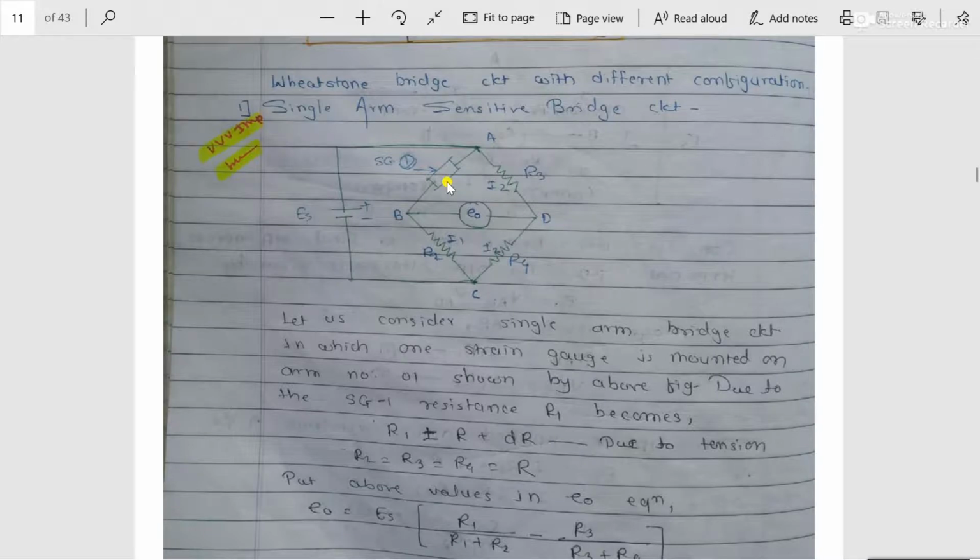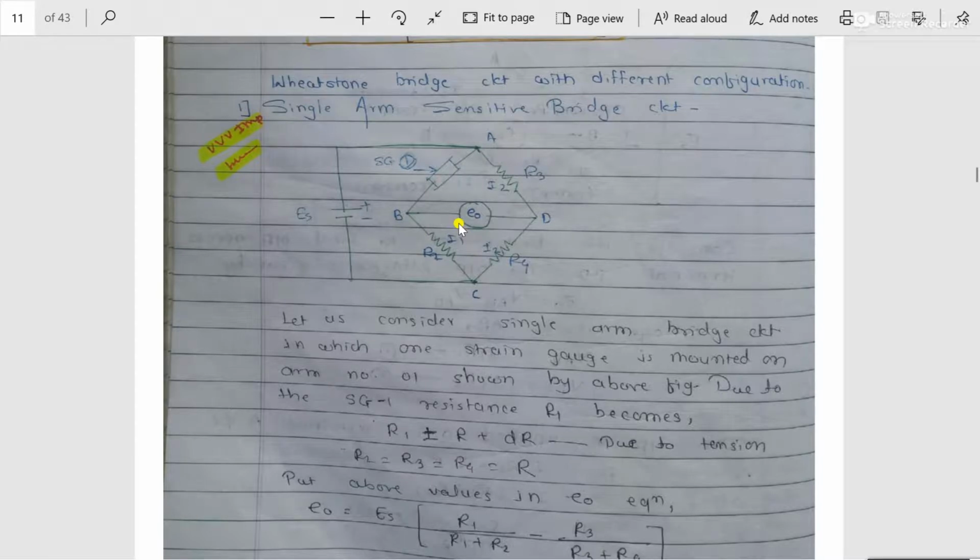If you go through the construction of the Wheatstone bridge circuit, it consists of 4 arms, and all the arms have the same resistance value, that is 350 ohm. But here in the single arm sensitive bridge circuit, instead of providing a constant resistor on arm number 1, one strain gauge is mounted and the remaining 3 arms have constant resistors.